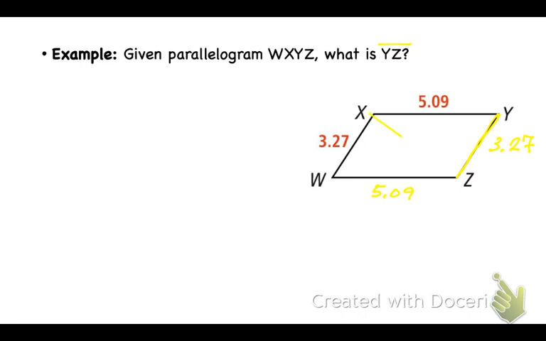Because I made two congruent triangles, yes? Because this angle matches this angle because they're alternate interior, yes? And this angle matches this angle. And this angle has to match this angle because if it's congruent triangles, then corresponding parts of congruent triangles are congruent. Yes? Okay.